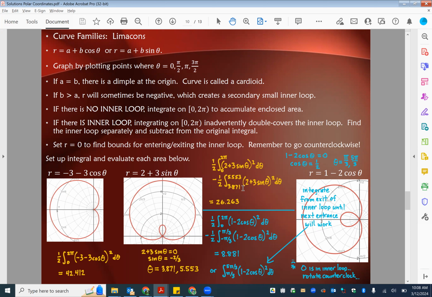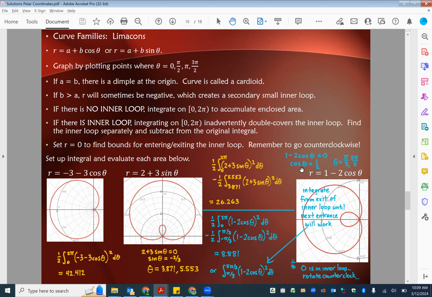We do have to be careful because sometimes you can set r equal to 0 and get some numbers to pop out, but you have to be careful about the order of them. I'm looking at this third example where we set 1 minus 2 cosine theta equal to 0. We get a couple angles, and yet it would be a mistake to subtract the inner loop by trying to integrate from pi over 3 to 5 pi over 3 because the entrance and the exit are flipped around.